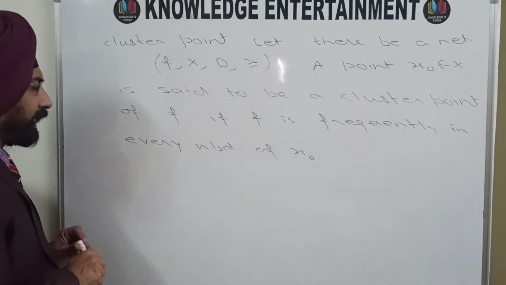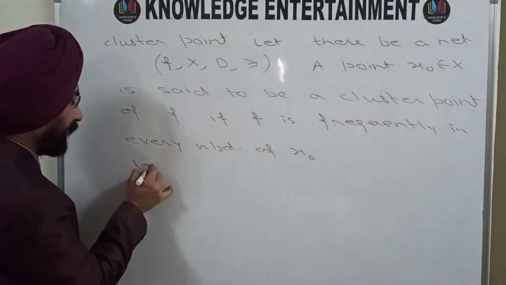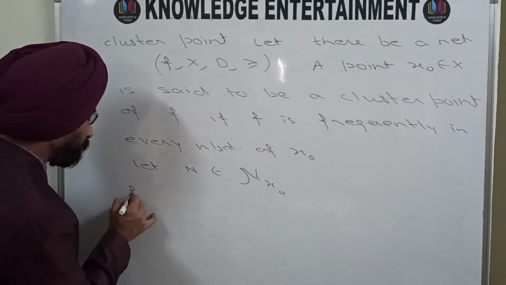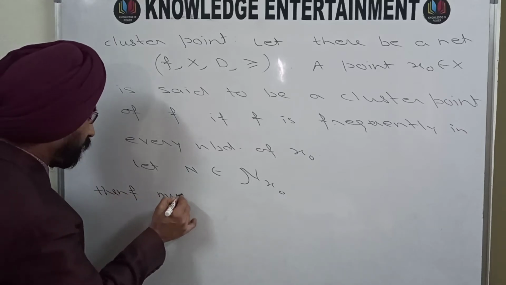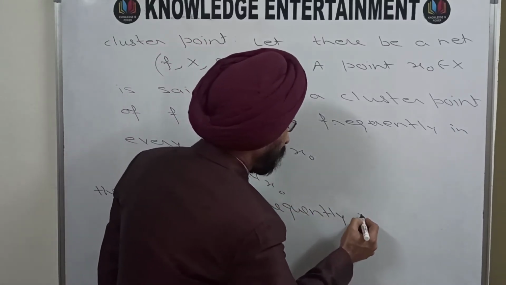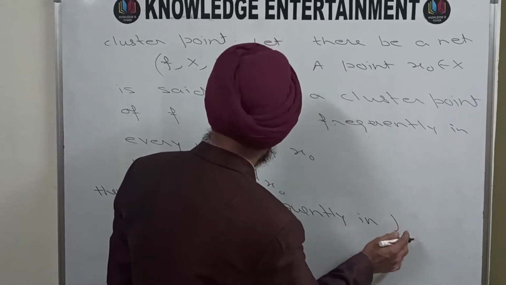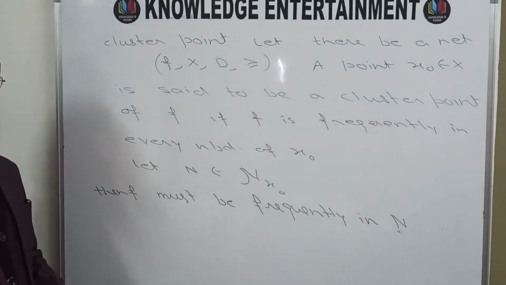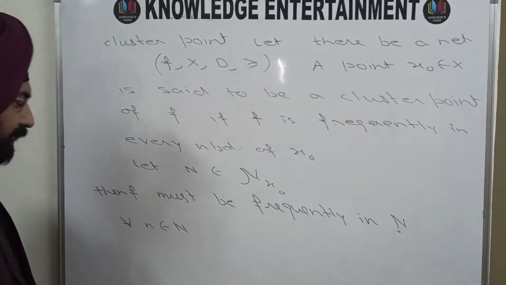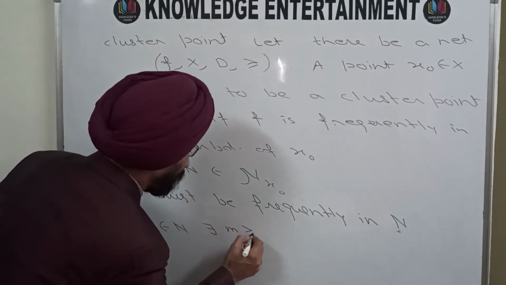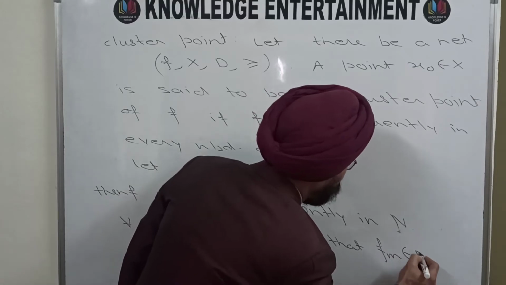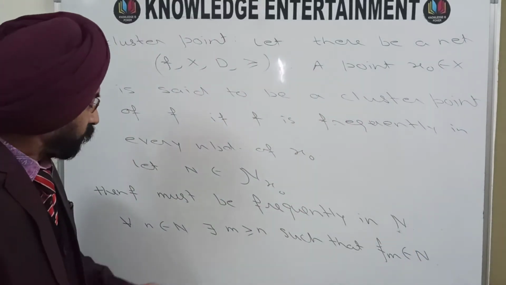So that means if you are having a neighborhood N of x naught, let N be a neighborhood of the point x naught, then f must be frequently in this neighborhood N. That means for every n belonging to the set of natural numbers, there must exist some m greater than or equal to n such that f_m belongs to N. And it should be true for every neighborhood.